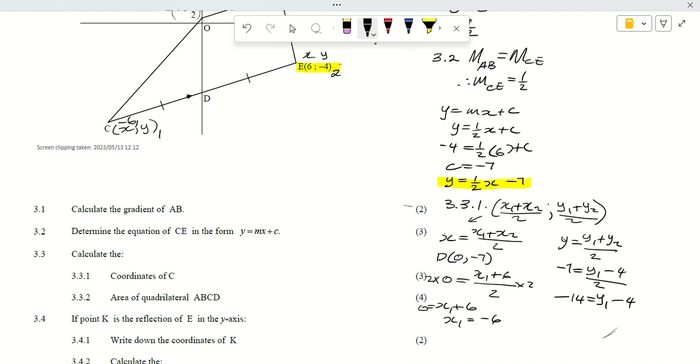And then if you take the negative 4 to the other side, it becomes positive. So y1 is equal to 10. So here is my 10 here. So very simple. We've just found the coordinates of C. So therefore, the coordinates of C are -6 and 10. Those are my coordinates.